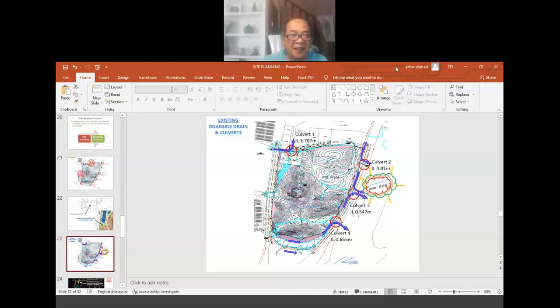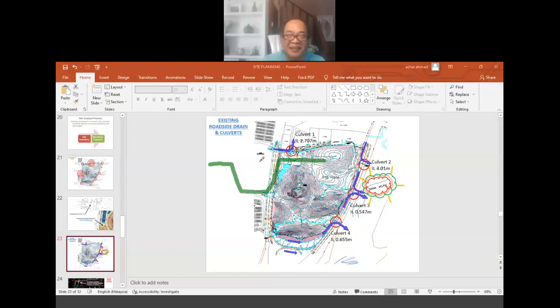Okay, invert level ni is something like this. This is our drain. Katalah our drain macam ni.